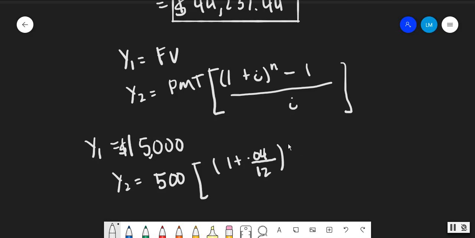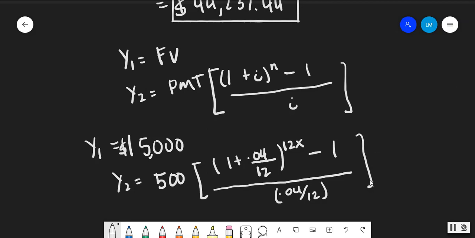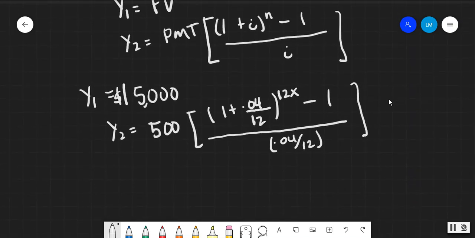I said annual, I'm sorry. But let's say we don't know the year. So it would be 12x minus 1, divided by 0.04 divided by 12. In this case, we don't know how many years it's going to take to reach the $15,000. But algebraically, you can figure this out just by plugging into your calculator.